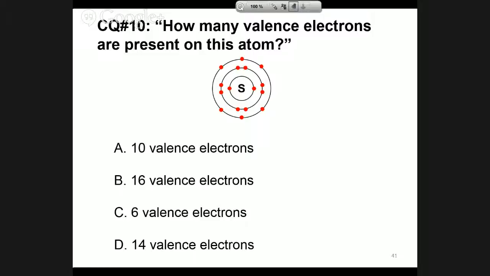Now the numbers they're dealing with here, 16 would be the total number that we see here. 10 would be the inner two shells, 8 and 2. And then 14 would be the outer two shells, 6 and 8. But valence is the outermost shell. And also no shell, of the electrons that elements that we're talking about, is going to hold more than 8 electrons. So all of the choices here are too high except for C, just based on that idea.